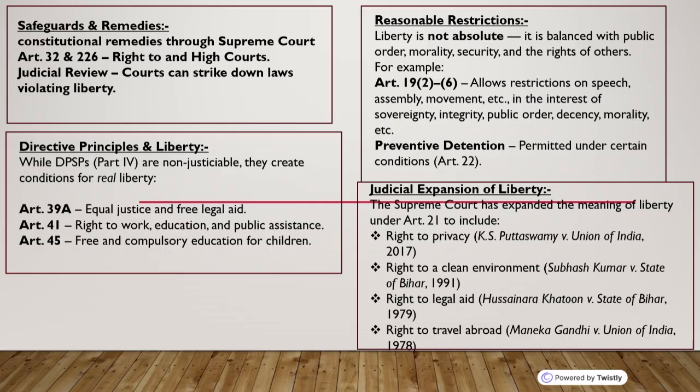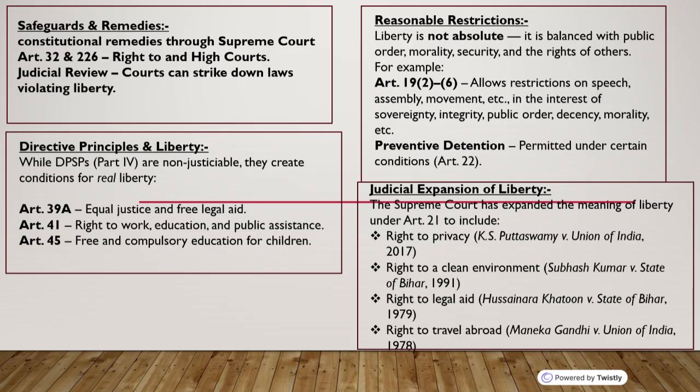It is balanced with public order, morality, security and the rights of others. For example, Article 19 clause 2 to Article 19 clause 6 allows restrictions on speech, assembly, movement, etc. in the interests of sovereignty, integrity, public order, decency, morality, etc. So this is the restriction over the liberty.